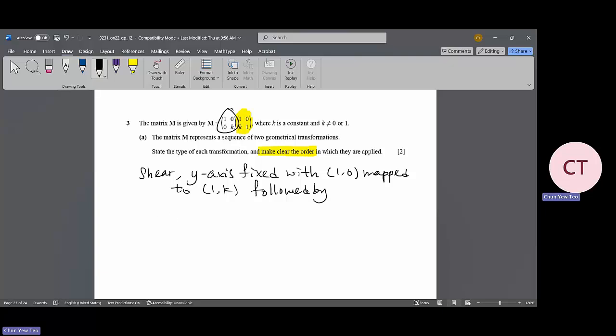This second transformation is a stretch, parallel to the y-axis with the scale factor K. Okay, so this is the answer for the 3 part A.